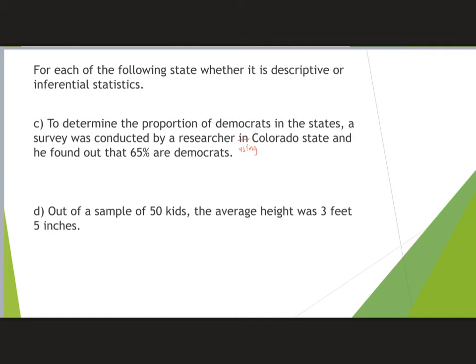In this case, the researcher took Colorado State as a sample, and based on that, established that there is 65% Democrat. So we can go ahead and say that there is a generalization and therefore it is an example of inferential statistics.